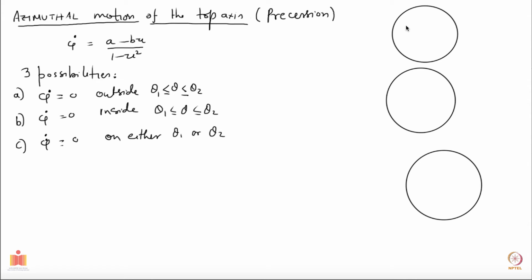Let me first draw here your direction of z, because this direction is set by the direction of your gravitational force. And then let's say these are your theta 1 and theta 2 values.